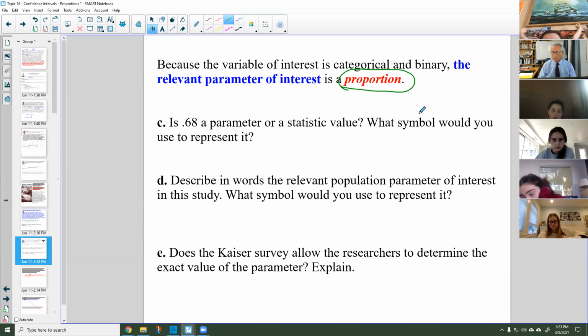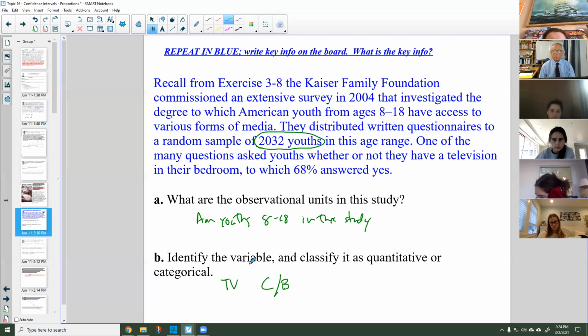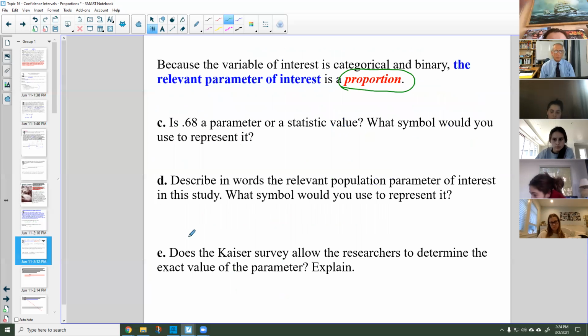Brooklyn. Is that a statistic? It is. And why do you say so? Because it was the number of people with a TV in the room.